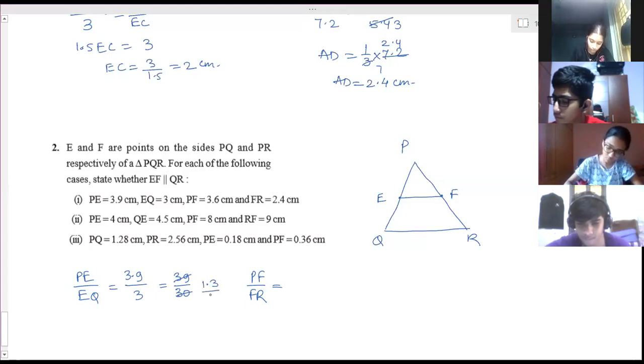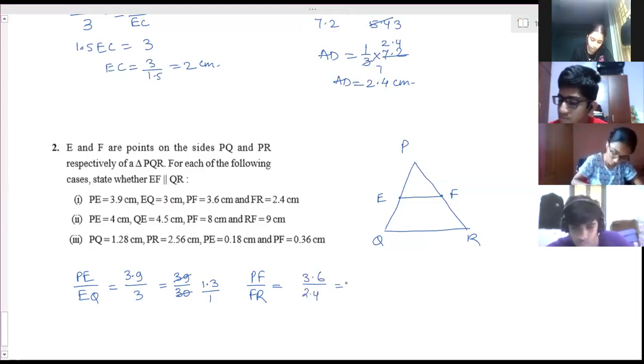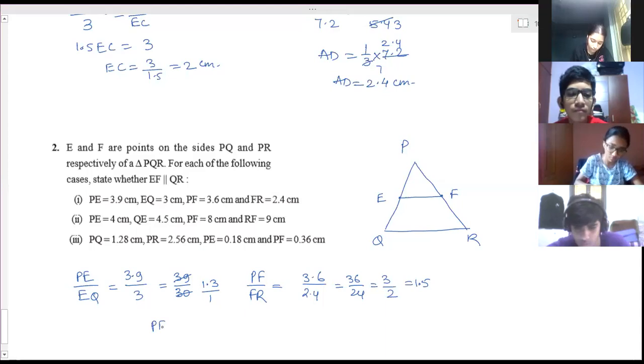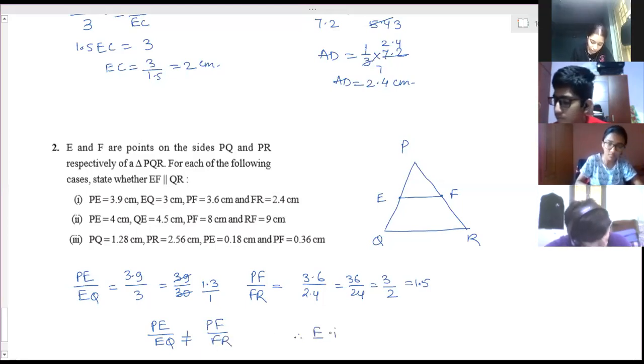And PF is 3.6, FR is 2.4. 36 by 24, that is 3 by 2, which is 1.5. So PE by EQ is not equal to PF by FR. Therefore EF is not parallel to QR.